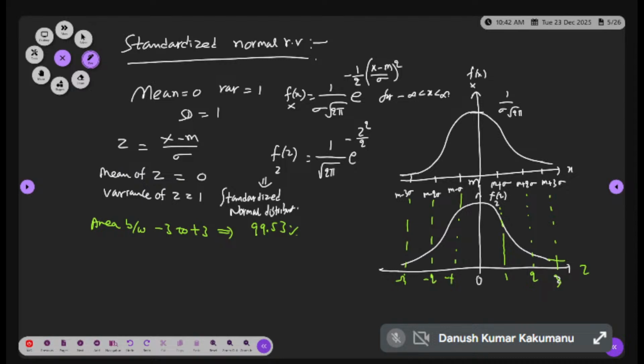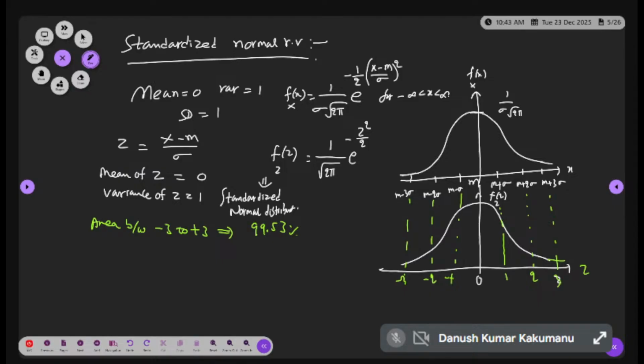If they ask the number of parameters in the normal distribution, generally it is 2, m and sigma. If they ask the number of parameters in the standardized normal distribution, it is 0.